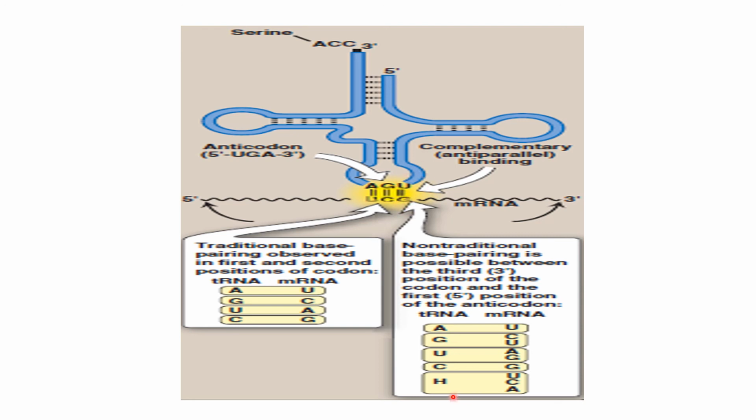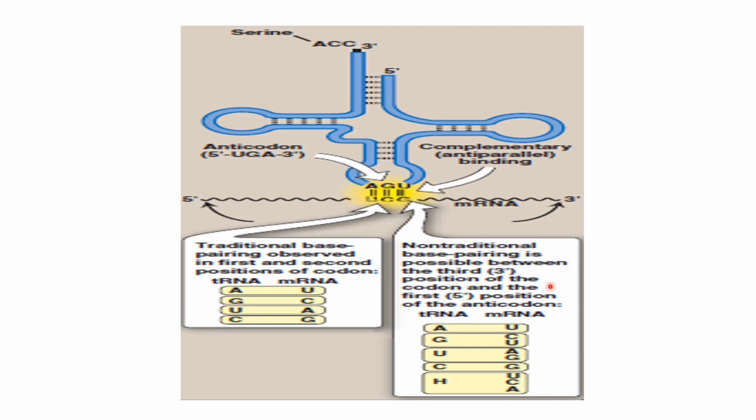And if hypoxanthine, I, is present in the anticodon, then it can pair with U, C, and A. So this is the base pairing which is less stringent and non-traditional, and by this base pairing, it can now recognize more than one codon.